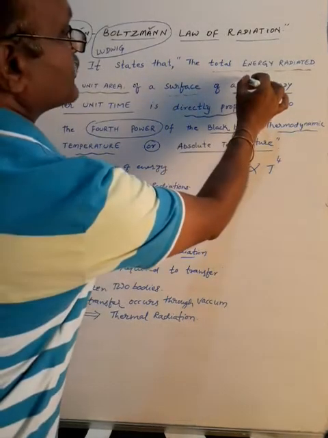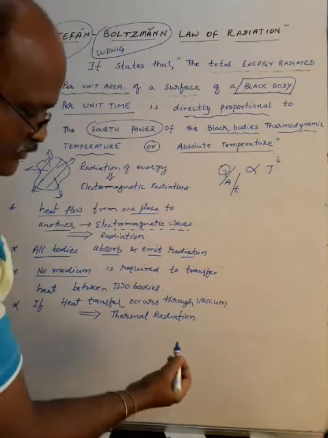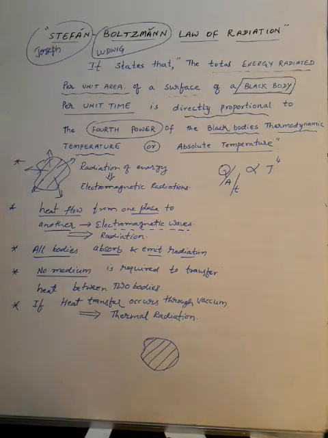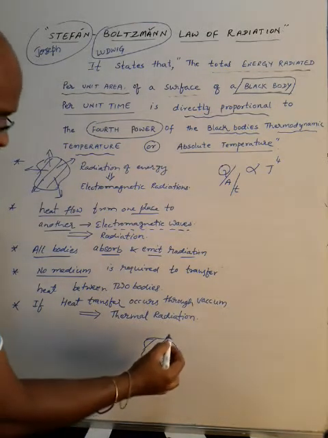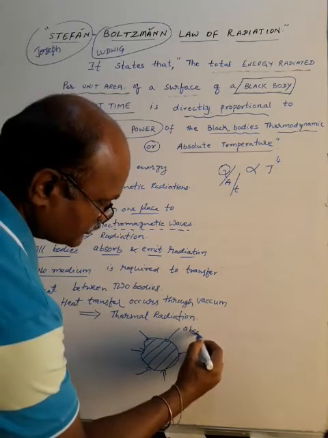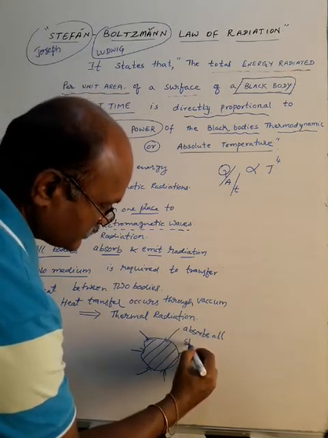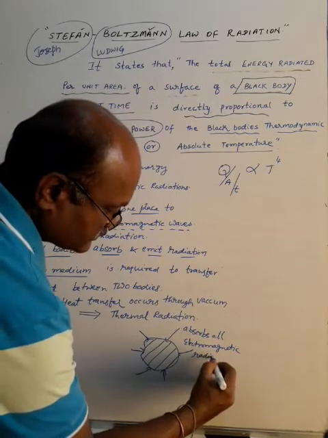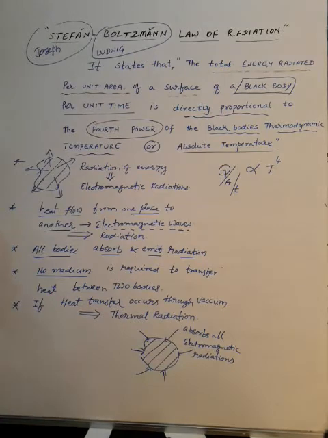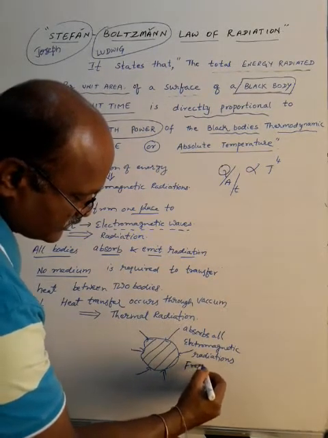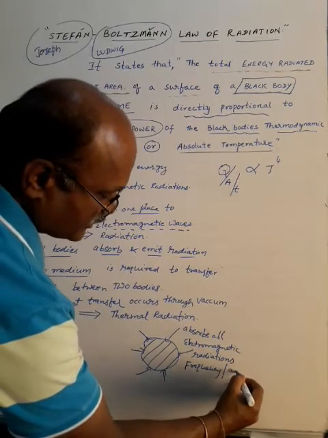Here one term is there. What is this black body? A black body is a body or any substance which absorbs all the electromagnetic radiations incident on it, regardless of frequency or angle of incidence.